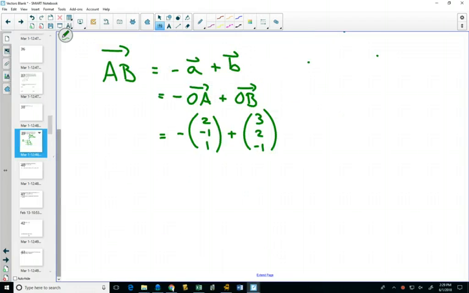Putting these together, negative 2 plus 3, this will be 1, 3, negative 2. So the direction of A to B goes 1 in the x coordinates direction, 3 in the y coordinates direction, and negative 2 in the z coordinate direction.